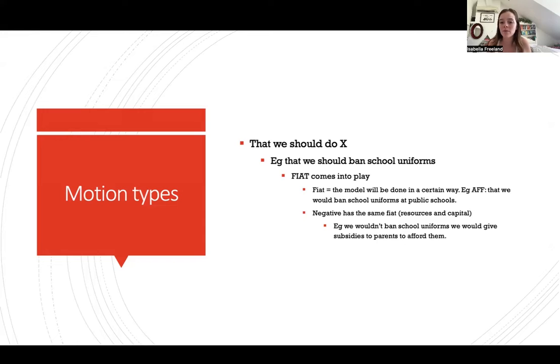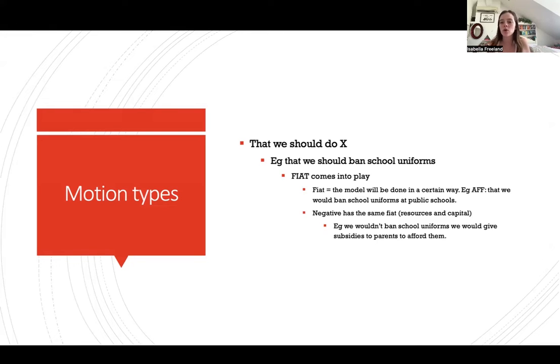Negative also has the same fiat, but for a different policy. For example, they could say that instead of spending the capital banning school uniforms across the country in public schools, we're going to use that capital to give subsidies to parents who can't afford school uniforms, because that would probably take a similar amount of money.